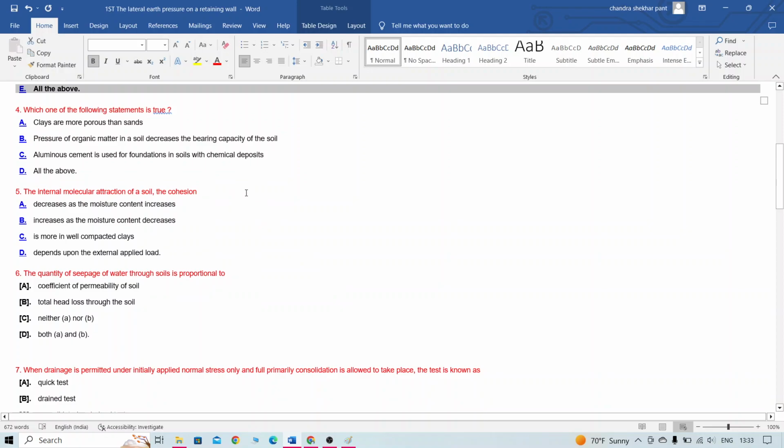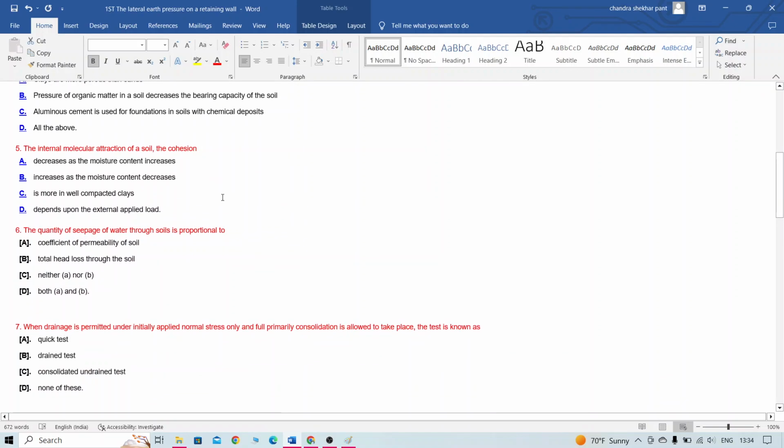Which one of the following statements is true? Clays are more porous than sands. Yes, because clays contain much smaller particles as compared with sand. The size of clays is less than 2 micron, but if we compare with sand, it is about 0.06 mm to 4.75 mm.